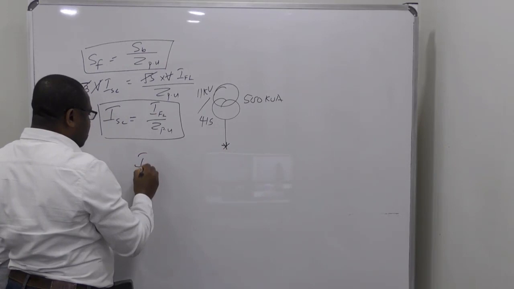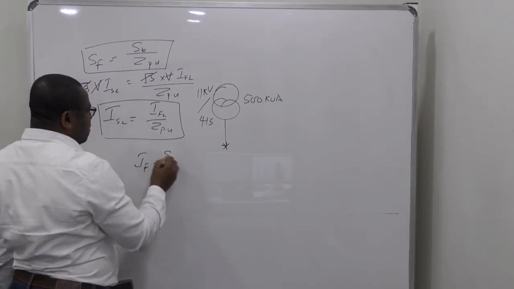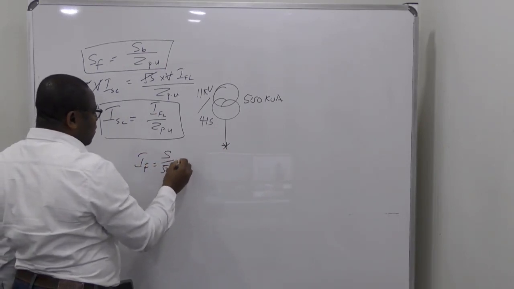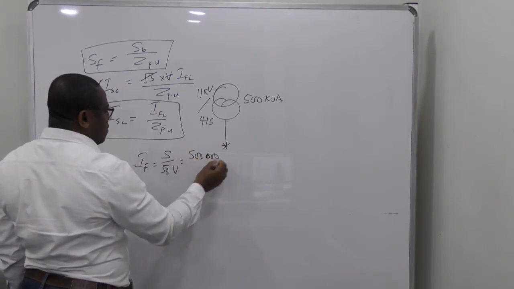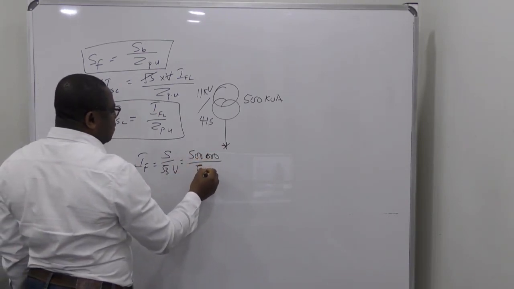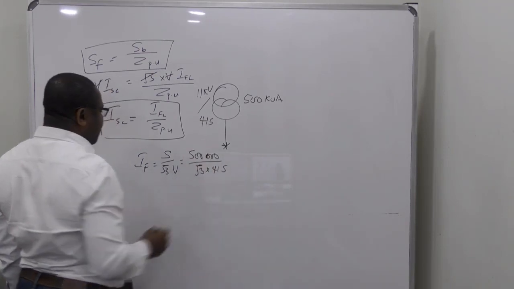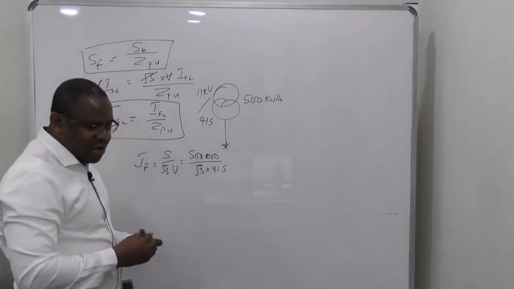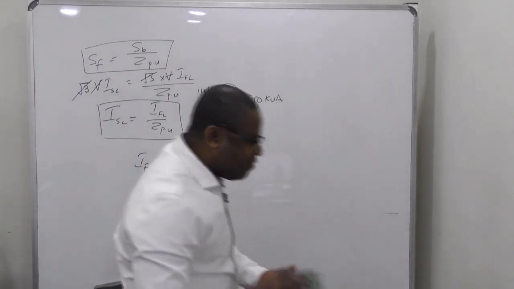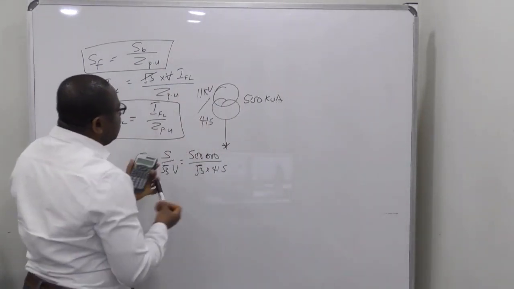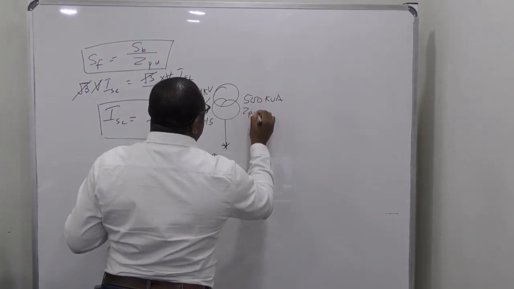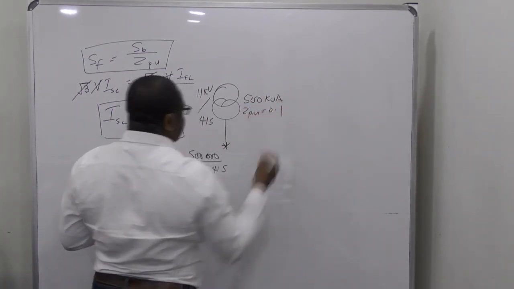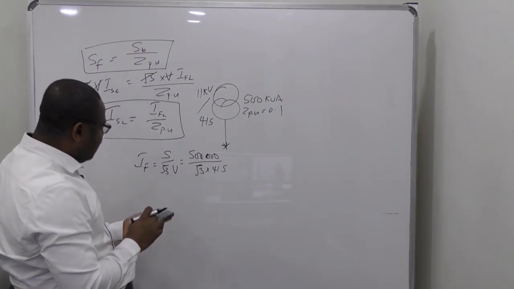I full load is S over √3 V, which is 500,000 divided by √3 times 415. Now, whatever you get there, you can divide that by the impedance. Let's say this Z per unit is 0.1, just for instance.